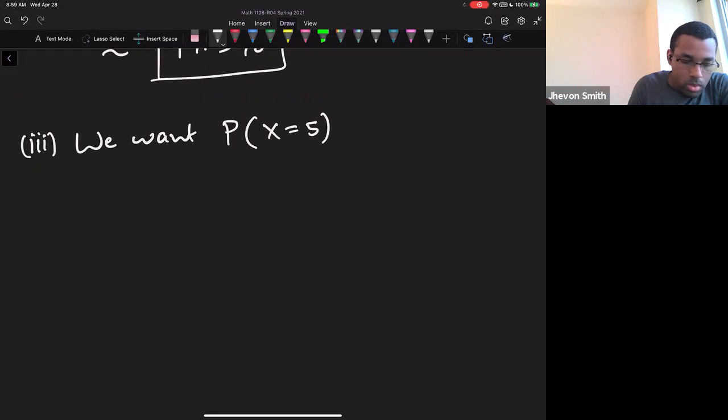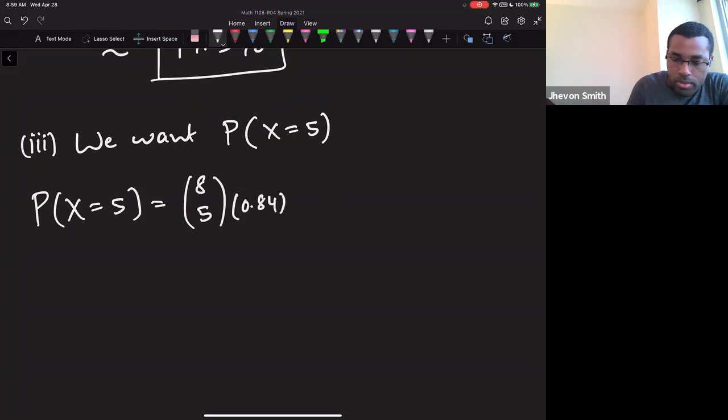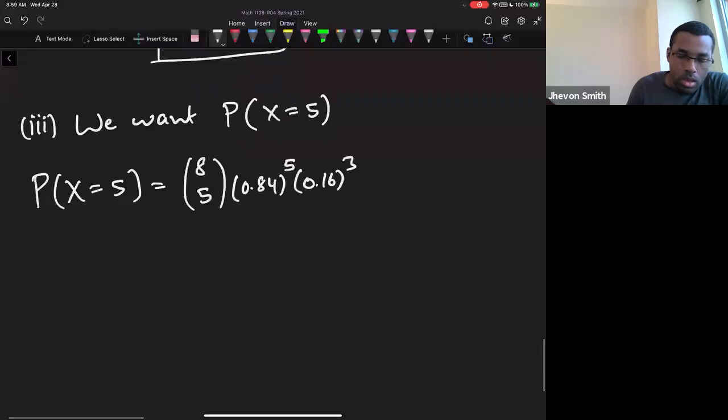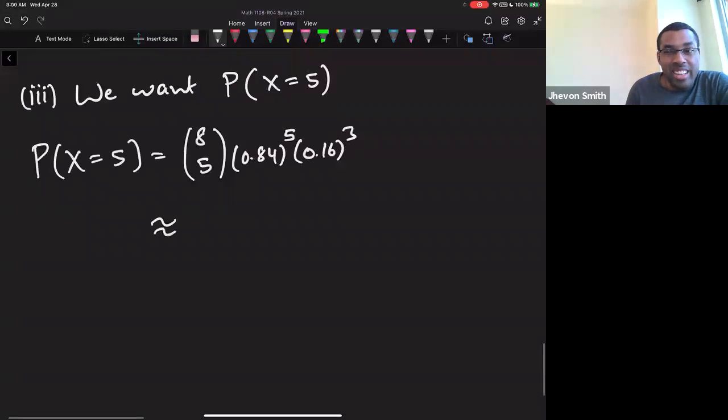Now, probability that x equals 5, well, that's just going to be 8 choose 5, 0.84 to the 5, 0.16 to the 8 minus 5. Probability of getting exactly 5 and no more, no less, that's around 9%.